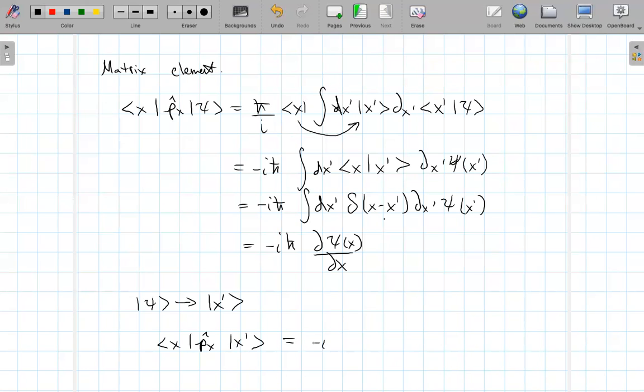So this is going to be minus i h bar. And then, so this is going to give me a what? So let's go back to what I had written here. So I'm going to have an x here, integral dx prime. And then I get an x prime. And then I get a partial x prime.